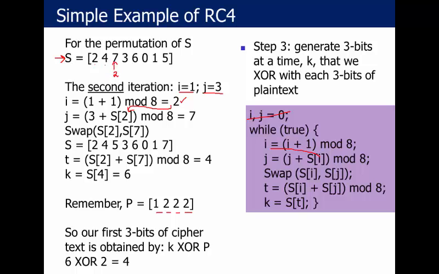Index 2 points to the value 7. So 3 plus 7, which is 10. So 10 mod 8. What is it? 2.